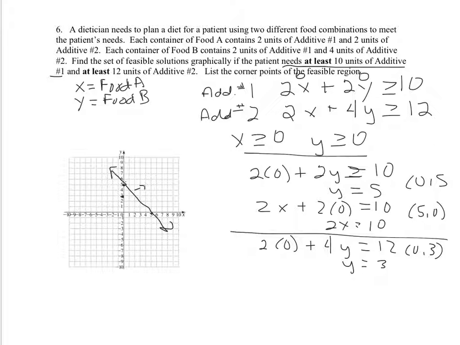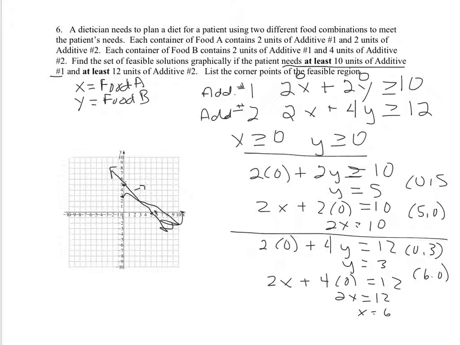To find the other, we'll solve for x after we put in 0 for y. And if 2x equals 12, x is going to equal 6. So 6, 0 is the other intercept.